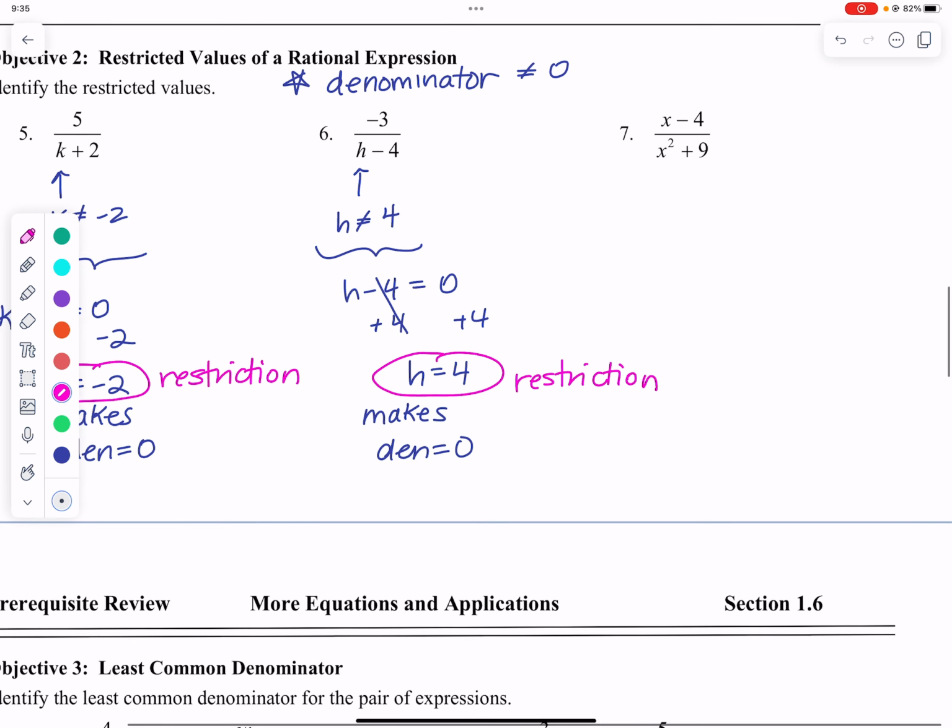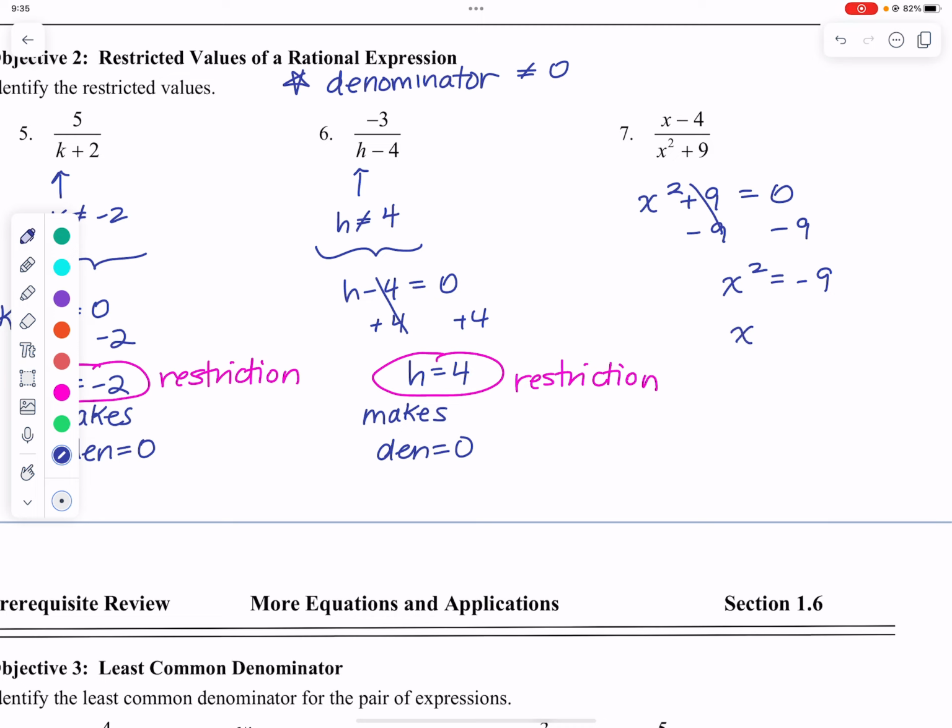Now, taking a look at number 7, keep in mind that what we did on these other two, we set the denominator equal to 0, and we end up with x squared equals -9. So we take x equal to plus or minus the square root of the other side, and that is not possible.